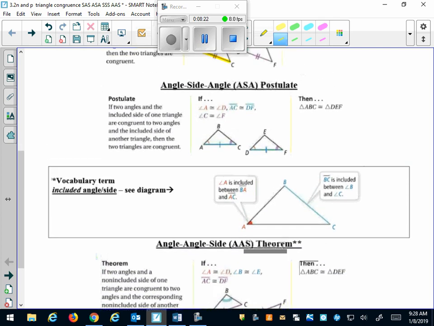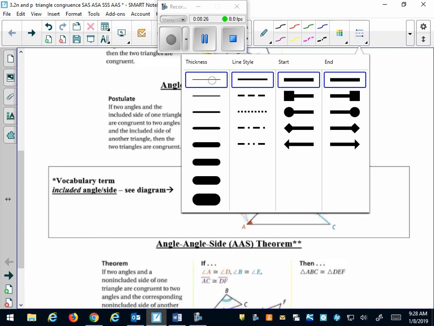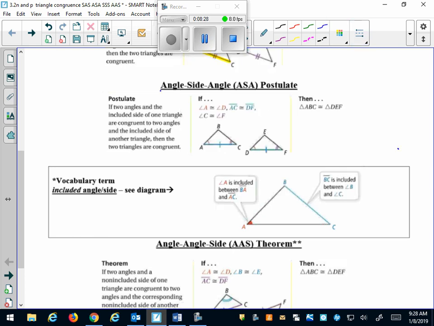The next one is called ASA. Still the A's stand for angle and the S's stand for side. But in this case now, you've got 2 pairs of angles, one angle to another angle in another triangle, and then a second pair of angles, and the side between those 2 angles.